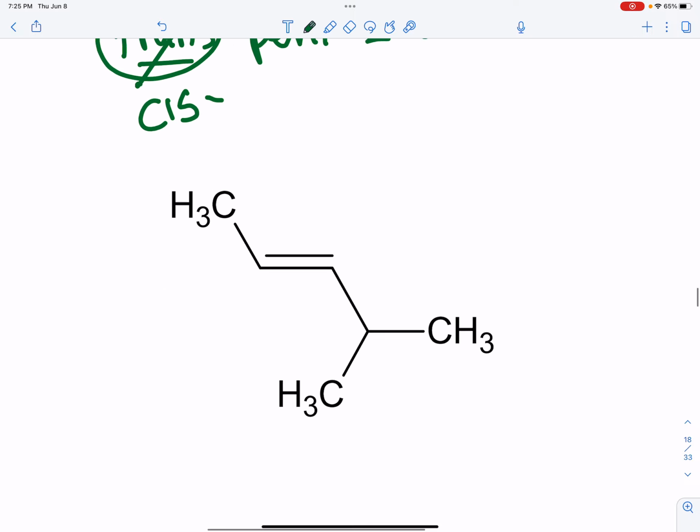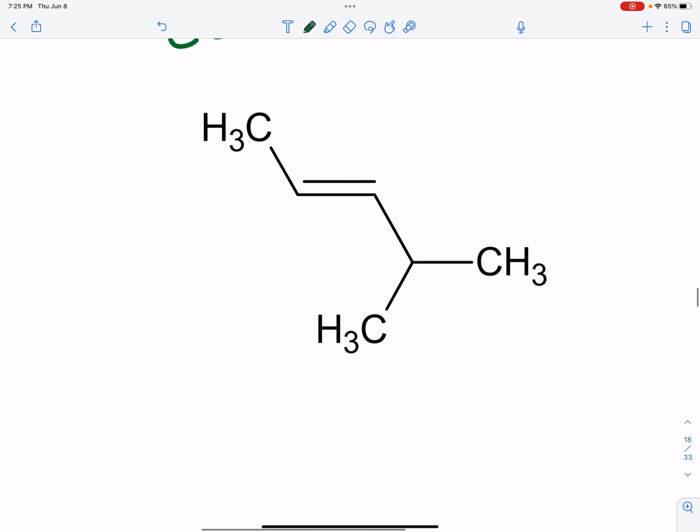Take a look at this molecule and decide, does it have cis or trans isomerism? You see the two carbons in the double bond, and you notice that each of them, if I show their hydrogens, normally you would just imagine this.